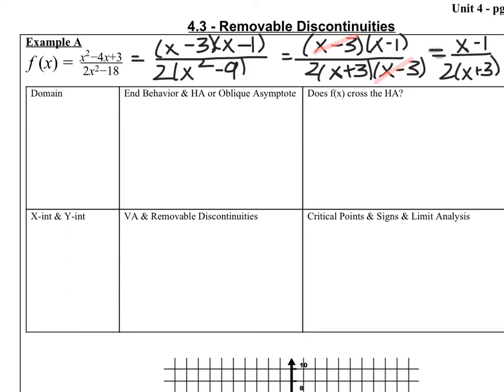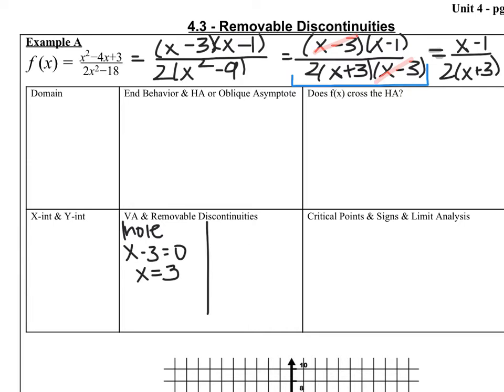And we just took out an x minus 3, so our hole happens when x minus 3 equals 0. So it happens when x equals 3. And we'll come back and get the y value of that hole, but I want to go ahead and write that down. So our domain we get from our entire denominator before I've canceled anything.